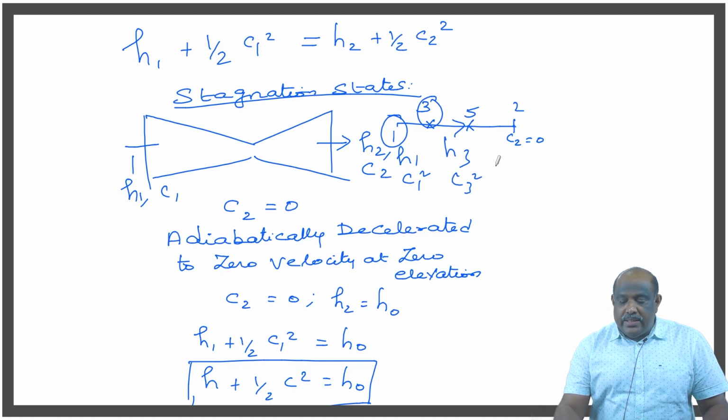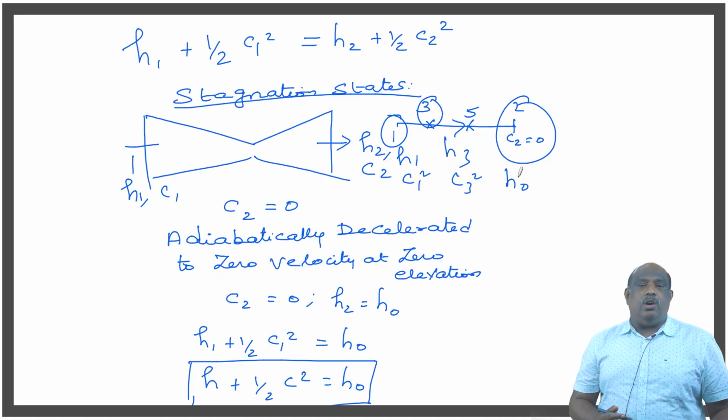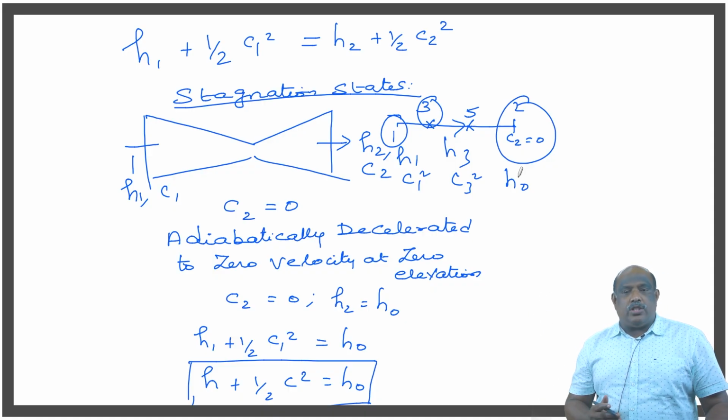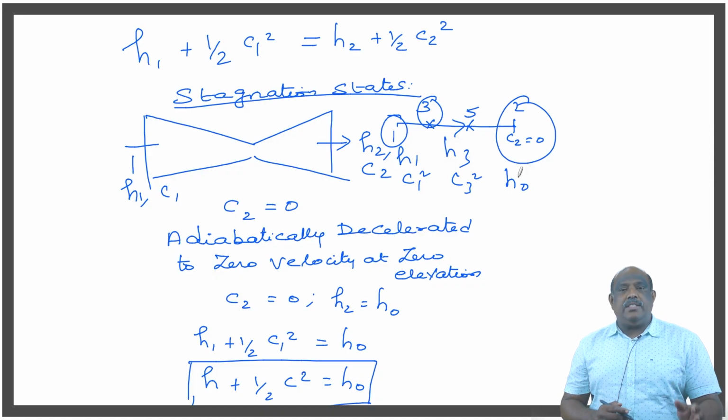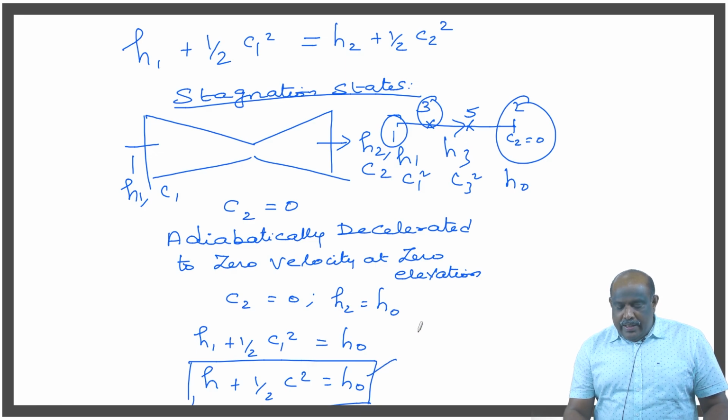But always the H naught remains constant. The final stagnant state remains constant. So the right hand side H naught is constant, whereas H and C, which are on the left hand side, are variable. So H plus half C squared equal to what? H naught. This is the equation called the stagnation enthalpy equation. Here H naught is called the stagnation enthalpy.